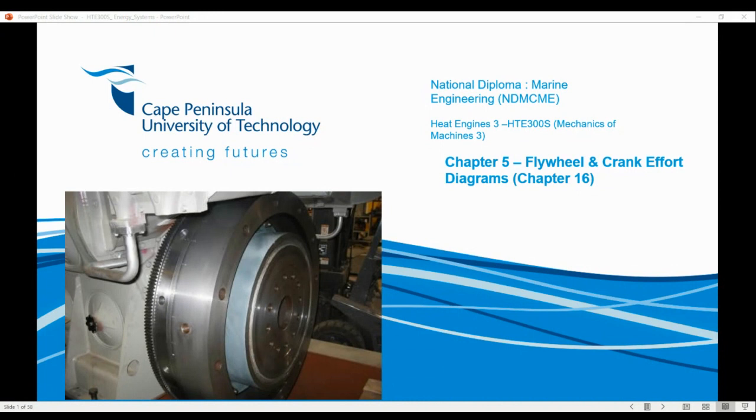And then we have the gating chapter next, which is chapter 12, I think, from what I remember. However, for your test, which I'll discuss at the end of the lecture, we're only going to be doing 2 chapters, which is this one, your crank effort diagrams and your forces and torques.